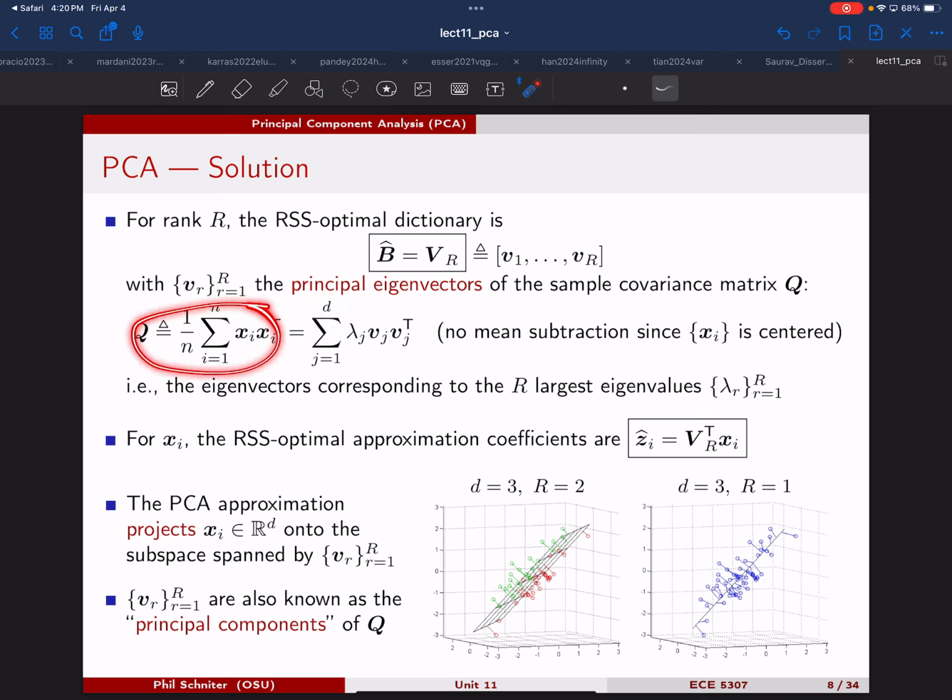But what is done in PCA is, instead of using all D of them, you only use the first R, meaning the VJs that correspond to the largest R eigenvalues. Those are called the principal eigenvectors, the most important ones.